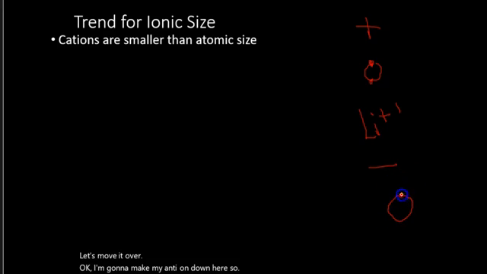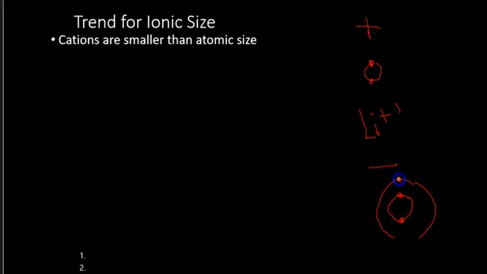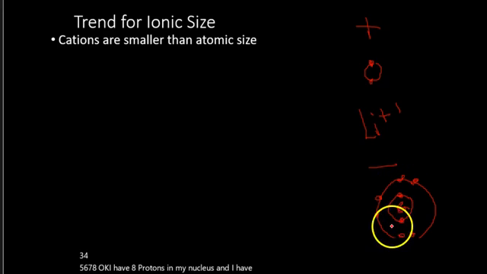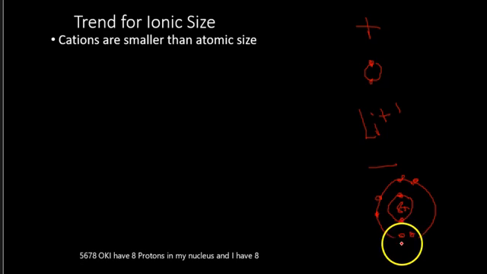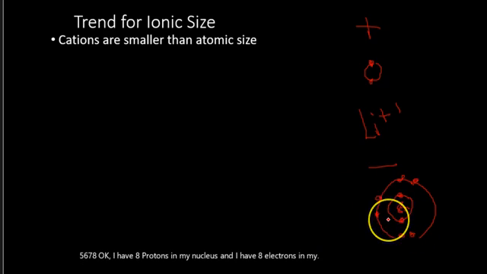Oxygen, 1, 2, 3, 4, 5, 6, 7, 8. I have 8 protons in my nucleus, and I have 8 electrons in my atom.